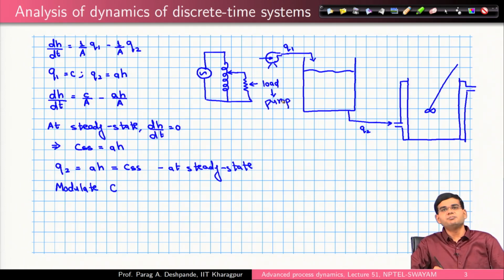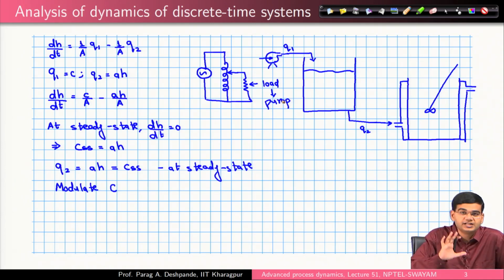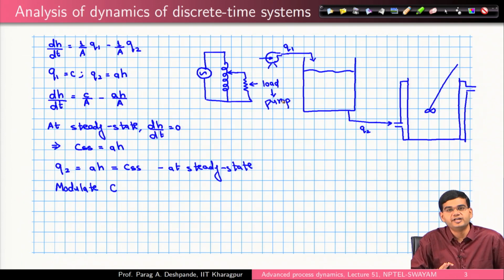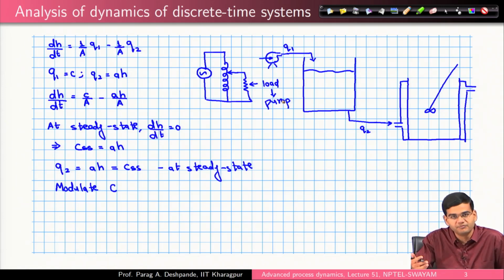So, I have a variable auto transformer which provides different voltage to my pump, and depending upon the voltage provided to the pump, the RPM of my centrifugal pump will change and the flow rate provided by the pump will also change. So, this is the arrangement, right.